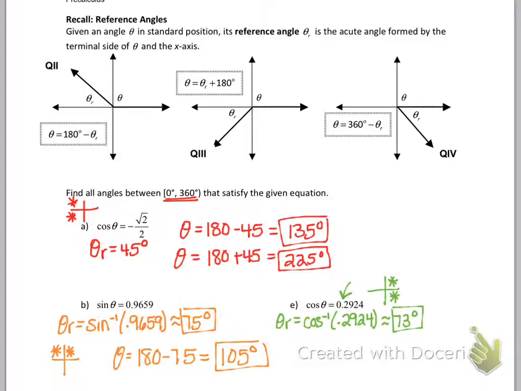Any time you're in quadrant 1, your reference angle, since it's between 0 and 90, is one of the values you're looking for, but that's only if you need quadrant 1. Then our second angle has to be in quadrant 4, so we do 360 minus 73 degrees, which gives us 287 degrees.